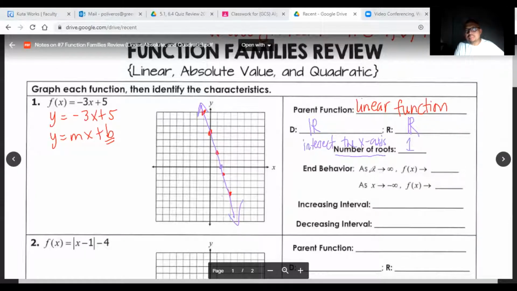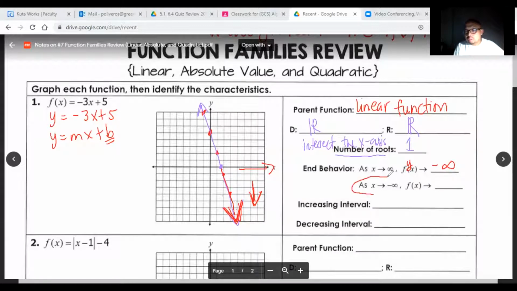And end behavior. The meaning of this one is that as x approaches positive infinity, if you look at the graph, we go to the right. As x goes to the right, the y value is going down. So f of x, which means y, is going to negative infinity.